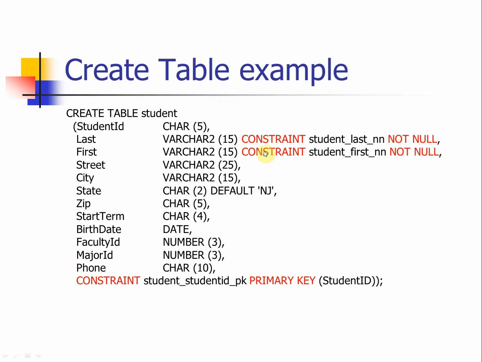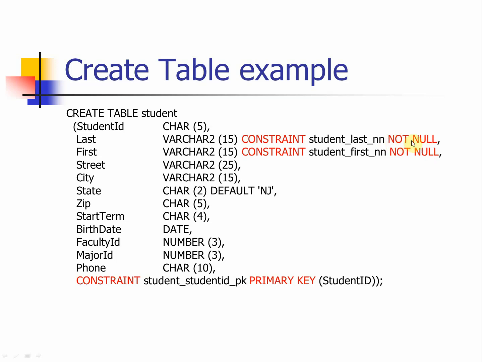We want to talk a little more about these constraints. If we take a look at the student table again, you can see that at the column level, we define two constraints. So how do we define constraints? We simply put the reserved word CONSTRAINT, indicating that I want to create a constraint. After that, you need to provide the name for the constraint. Understand that the name of the constraint is just a name, just like when you are creating a variable name, it is not doing anything. The reserved word is doing the real work.